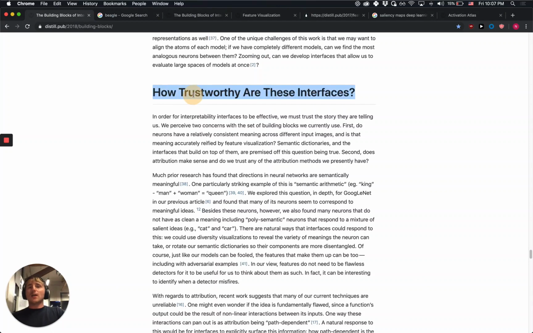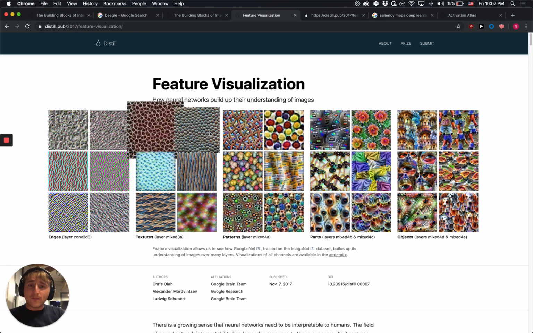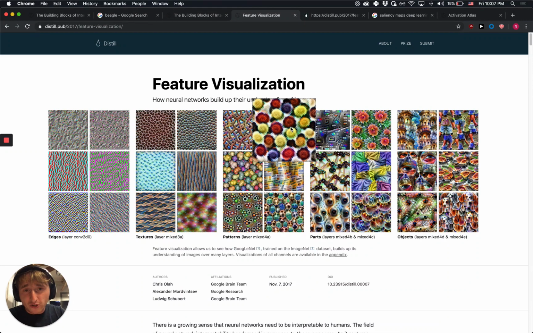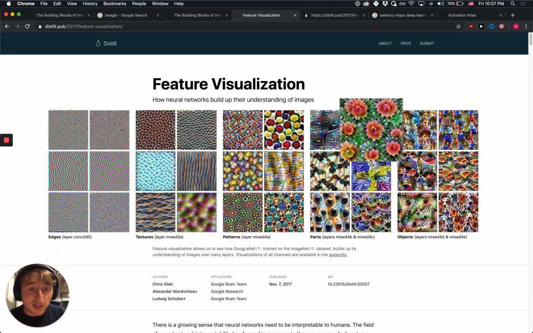How much do we trust these? As I described in the beginning, I think it's really underappreciated just how strong feature visualization is as an argument that this thing is actually seeing what we think it's seeing. Because it starts with random noise and then optimizes from there, this is really strong evidence that we're seeing a flower detector in this neuron. How else would it figure out to draw a flower?